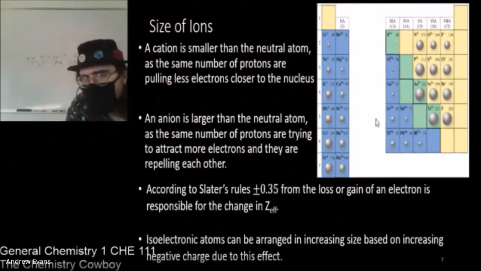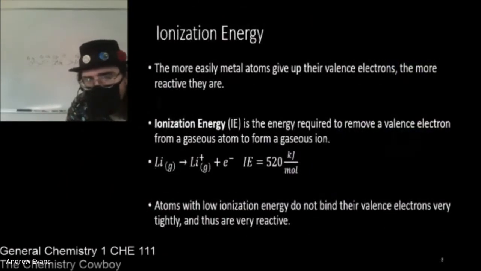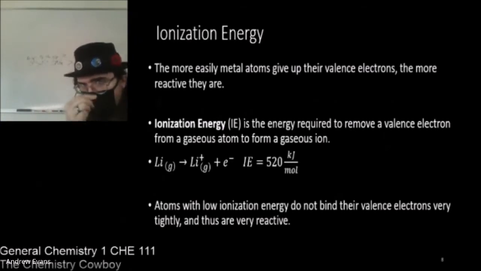But we should be able to compare the sizes of ions pretty easily. Okay, ionization energy. This is one of the first real trends that deals very heavily with reactivity.